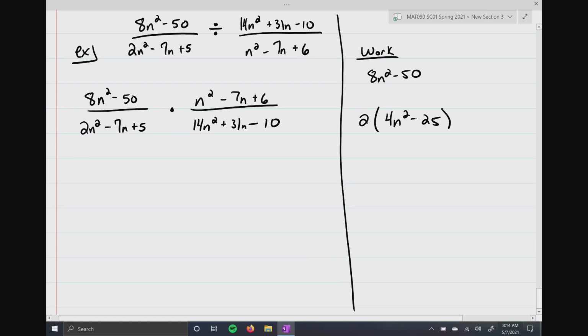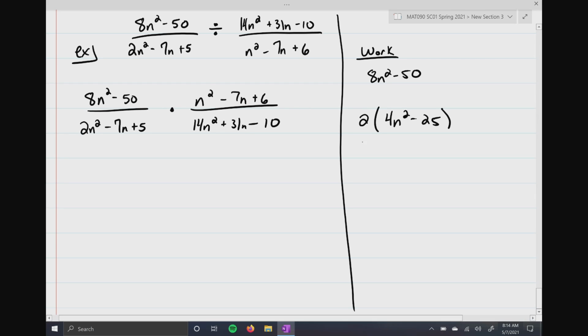The answer to that question is no, you are not done factoring. And that's what makes this first factoring so important. Because if you look at what's inside the parentheses, that is difference of squares. Notice you have 2 terms, you have a minus sign, and that n is raised to the second power. So the only thing that we really need to be concerned with is, is 4 a perfect square, is 25 a perfect square. And they are.